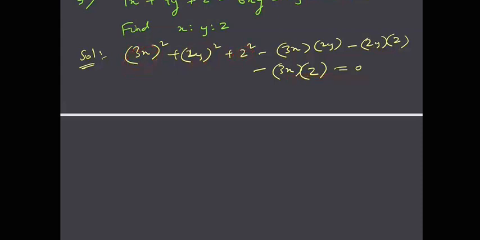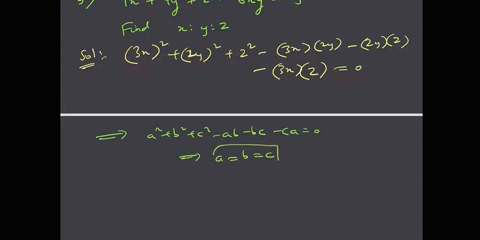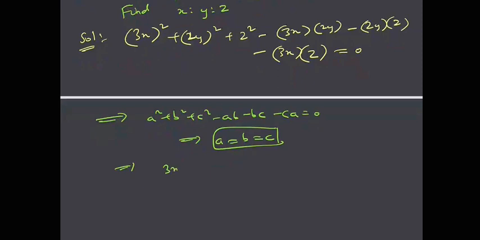Okay, so we have learned that if a square plus b square plus c square minus ab minus bc minus ca is equal to 0, then simply we can write that a is equal to b is equal to c. This we have already learned. So then we can write that 3x is equal to 2y is equal to z.